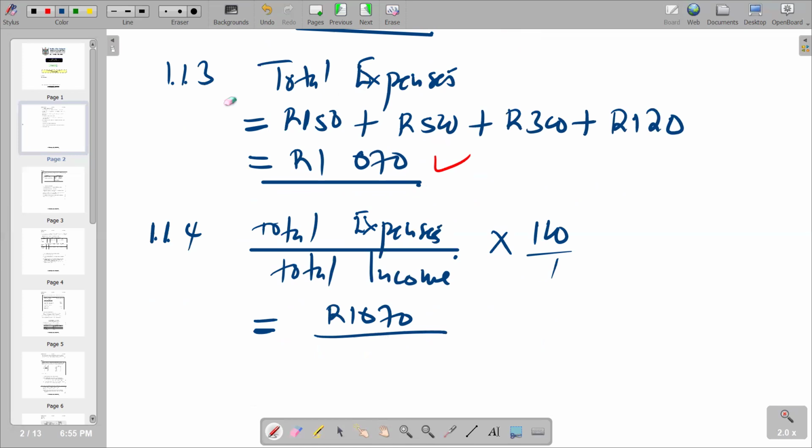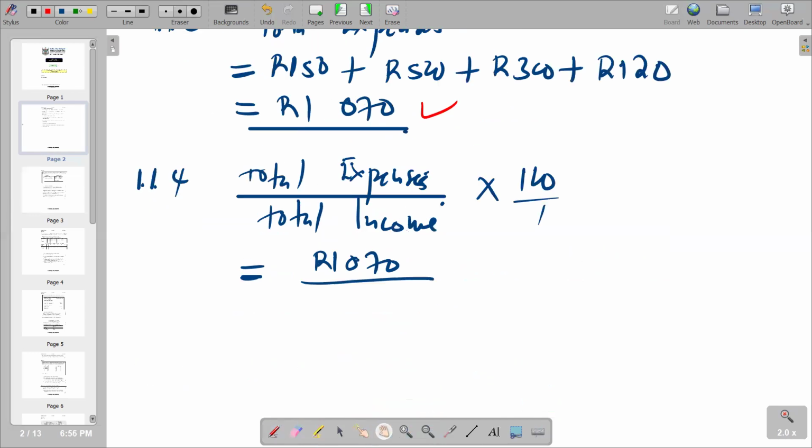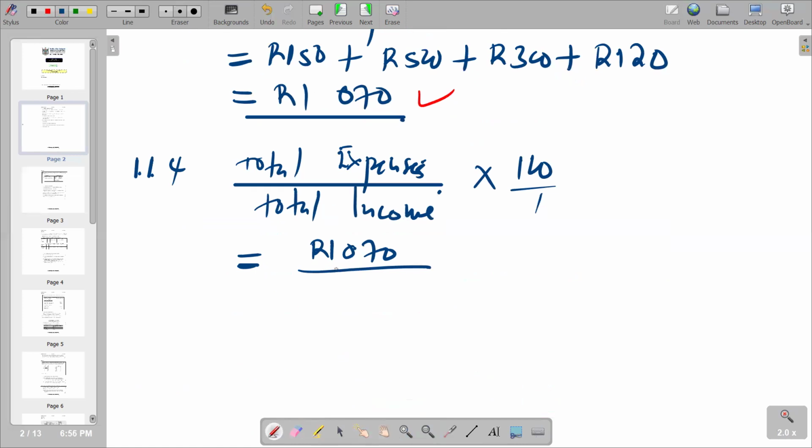And our denominator is total income, which we have calculated again. Here we got 1,600. So that is our denominator. So this is what we have, and then we multiply by 100 over 1.